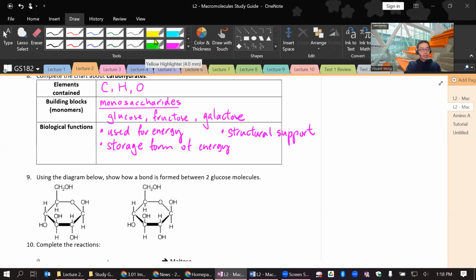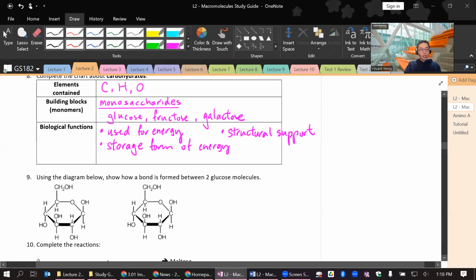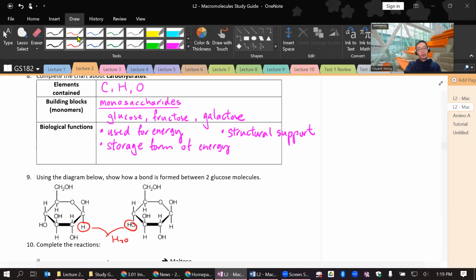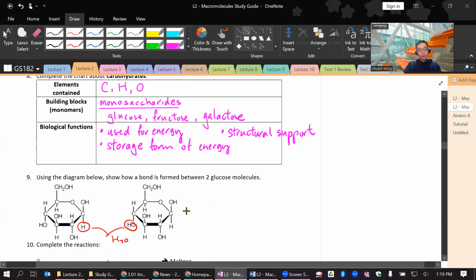what would happen is, if you take a look at the notes, you're gonna take an H here, you're gonna take an OH here, and then you can take it out and it becomes H2O, and then it will create a bond. Create a bond. So for simplicity, we're just gonna draw the hexagon like we did, and then we're gonna have an O that connects them.